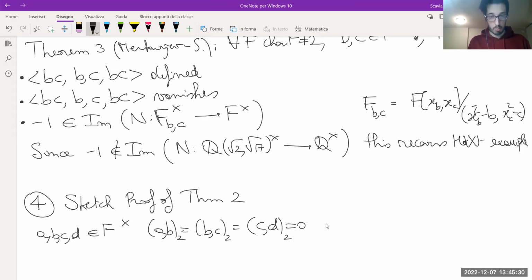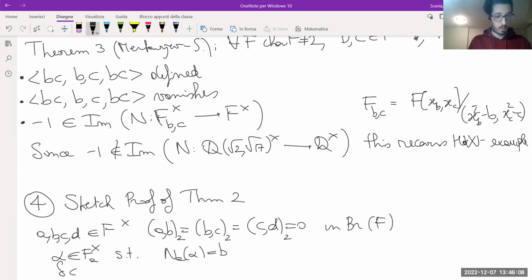So of course, this is at the prime p equals 2, so there's 0 in the Brauer group of F. Now, from the fact that (A,B) is equal to 0, a standard reformulation of this fact is that there exists some alpha in F(√A)* such that the norm of alpha is equal to B. And similarly, because (C,D) is 0, there is a delta in F(√D)* such that the norm of delta is C.